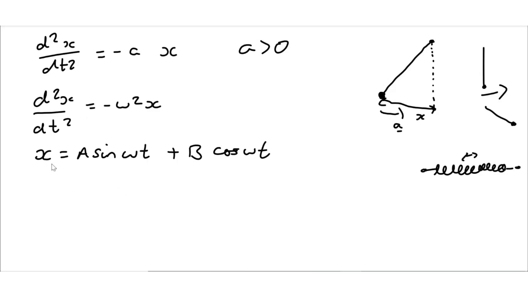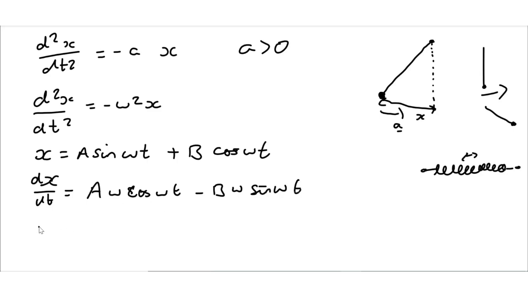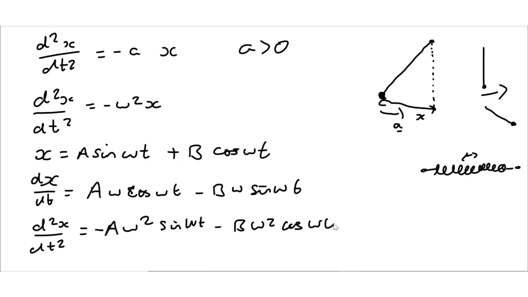The last thing I want to check in this video is that this is actually a solution. So let's differentiate it. So dx by dt is equal to a omega cos omega t minus b omega sine omega t, and then d2x by dt squared is equal to, now we get the negative here, so we get minus a omega squared sine omega t minus b omega squared cos omega t.